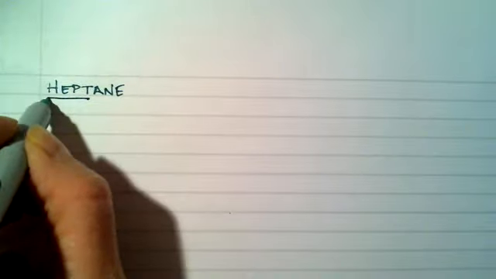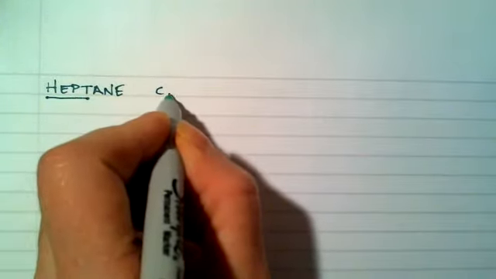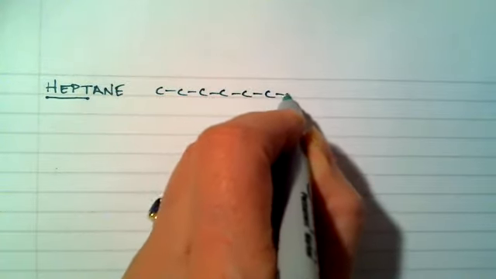So let's do some extra practice on naming organic compounds. If you were given the name heptane, you would recognize the root, which indicates 7. 7 carbons, 1, 2, 3, 4, 5, 6, and 7.